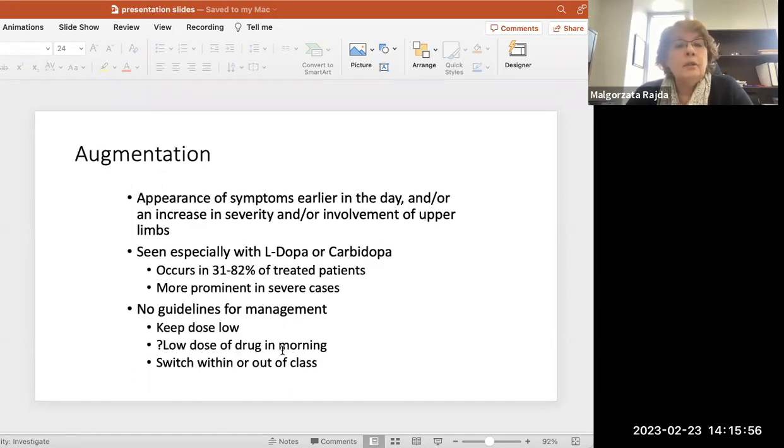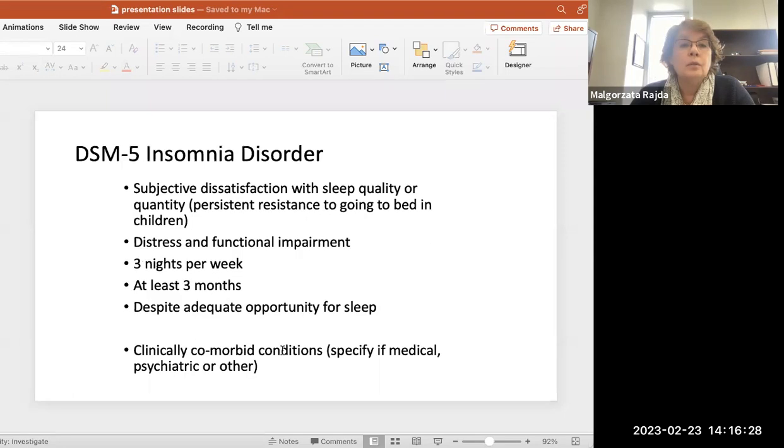Augmentation is a phenomenon that occurs with long-term treatment with dopaminergics, especially with L-dopa or carbidopa. And that is where we start seeing leg restlessness earlier in the day, or there is an increase in severity, or the symptoms spread to the upper limbs. We don't really know that well what to do with it, but the important thing will be to withdraw the dopaminergics when we see augmentation and switch to something else.